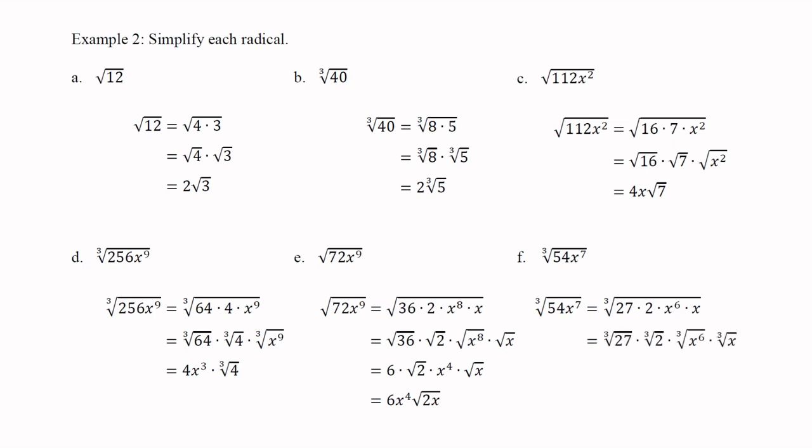We're going to split up all of our radicals, and then take the radicals that will go evenly, which are your cube root of 27, which is 3, and our cube root of x to the 6th, which is x squared. Because 3 goes into 6 2 times, our index goes into our power under our radical evenly 2 times, so that gives us our new power. And then we're left with this when we rewrite it.